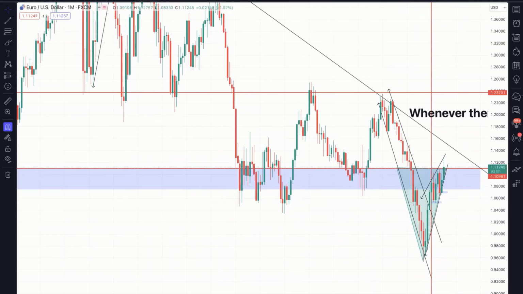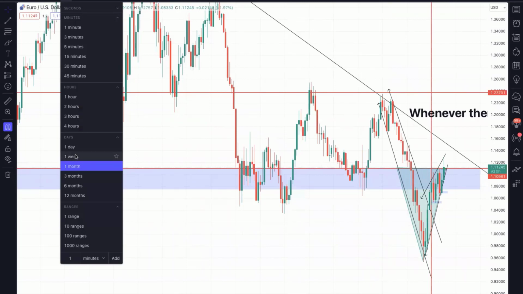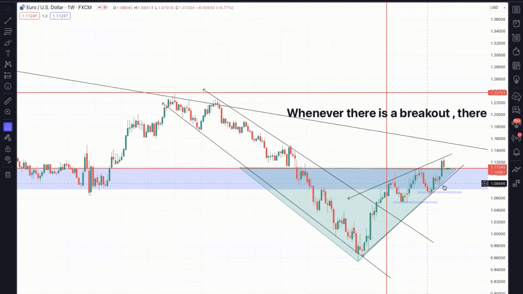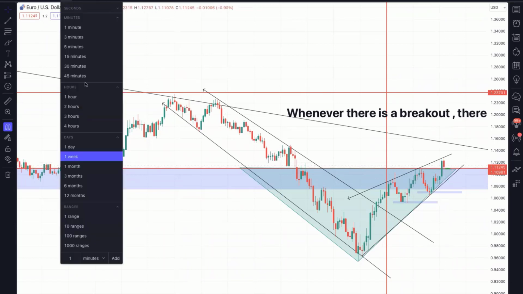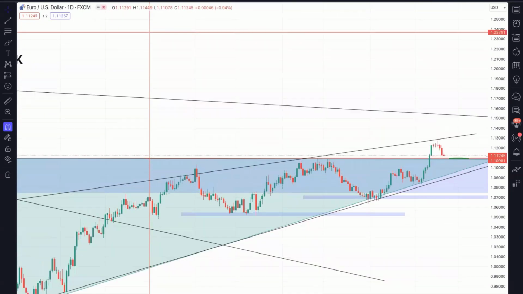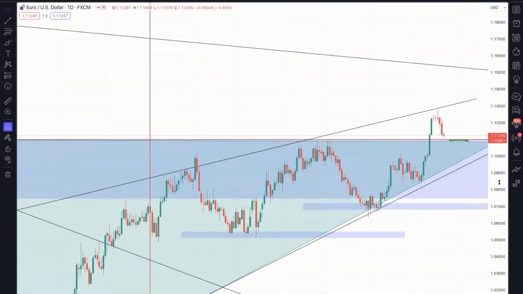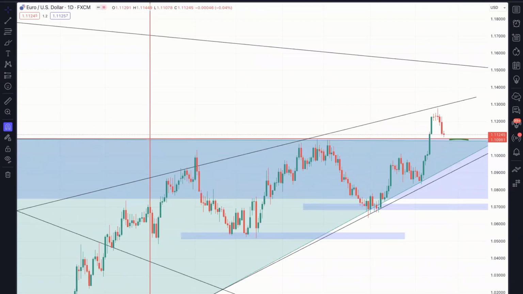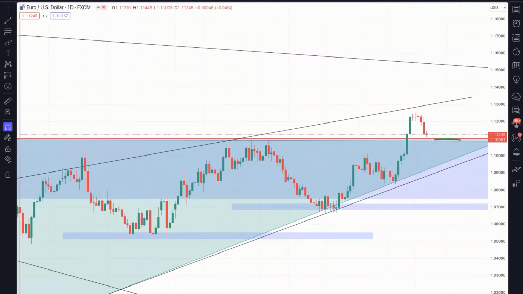But going by the weekly time frame, there is a breakout into this level, and going by the daily time frame, there was a breakout and a pullback. That's why the lower time frame begins to give us a clearer picture of what is currently happening in the market.